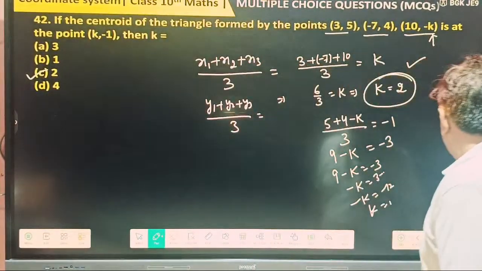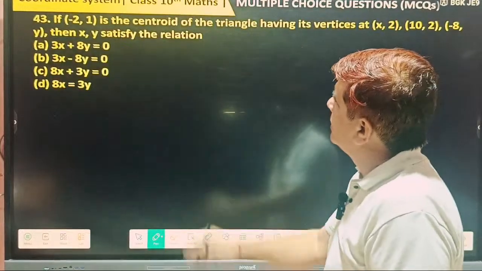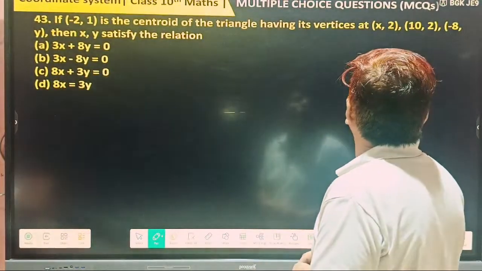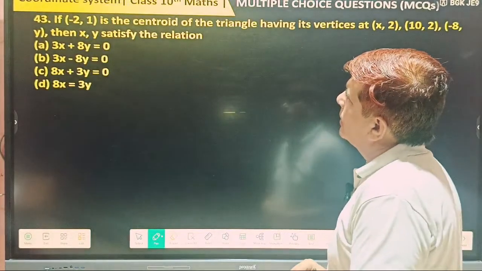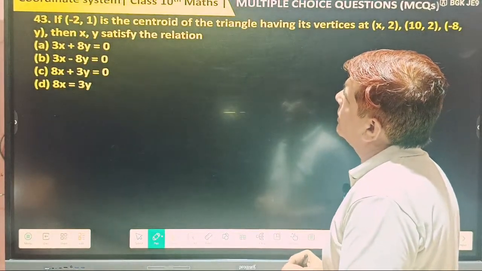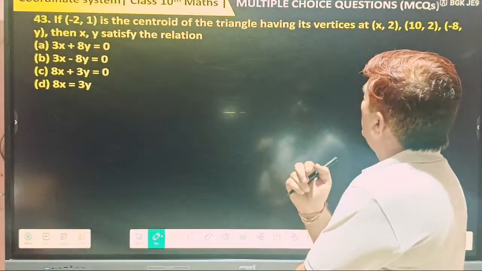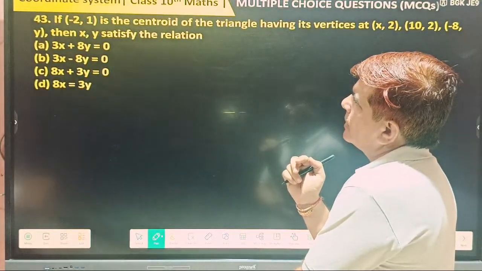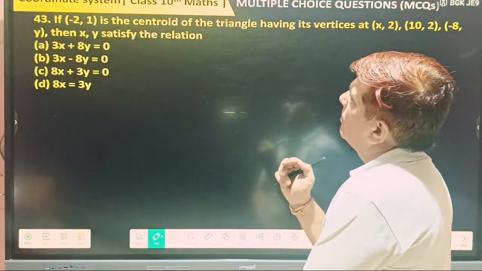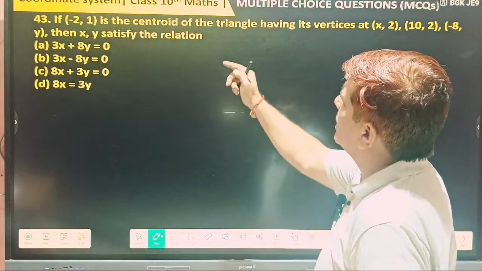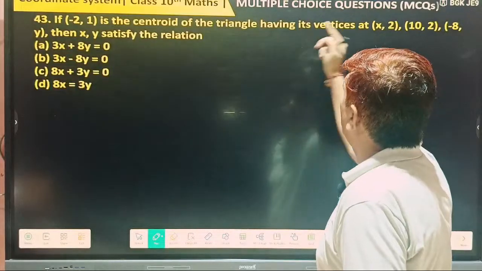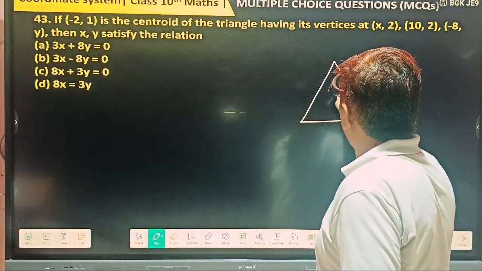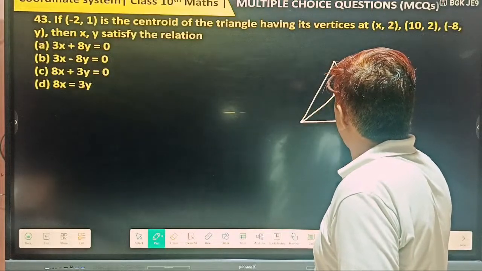Got it? But here it is saying that if the point minus 2 and 1 is the centroid of a triangle having vertices this, then x and y satisfy the relation. What's given? If minus 2 and 1 is the centroid of the triangle, centroid meaning this is a point which is equidistant from this.